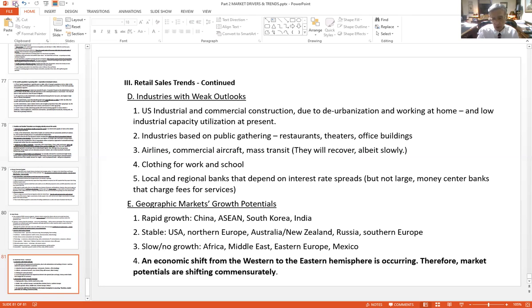And then there are regions where there is slow growth or no growth, such as Africa, Middle East, Eastern Europe, Mexico, and don't forget Russia and Japan, where the population is declining. One final observation, that is, there's been an economic shift from the Western to the Eastern Hemisphere. And market potentials will differ and are differing substantially between those two parts of the world.